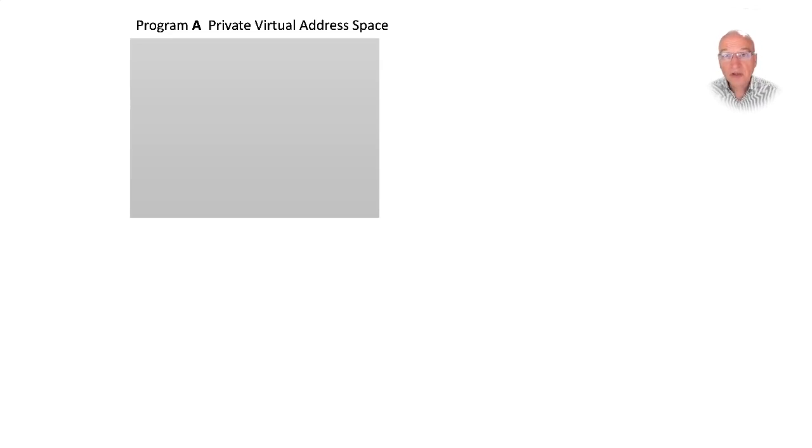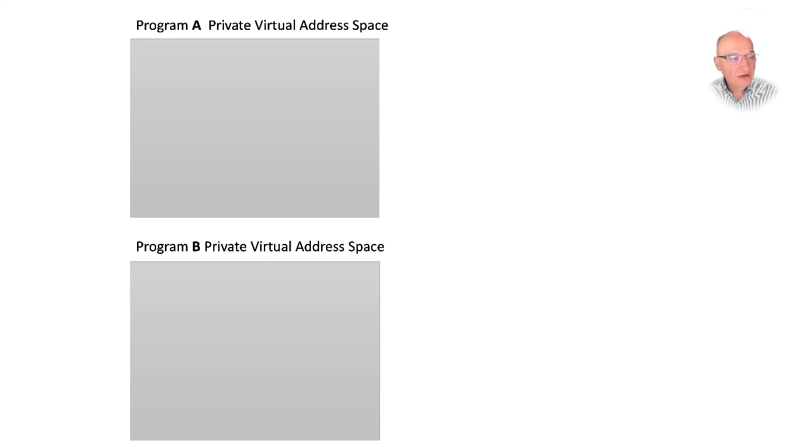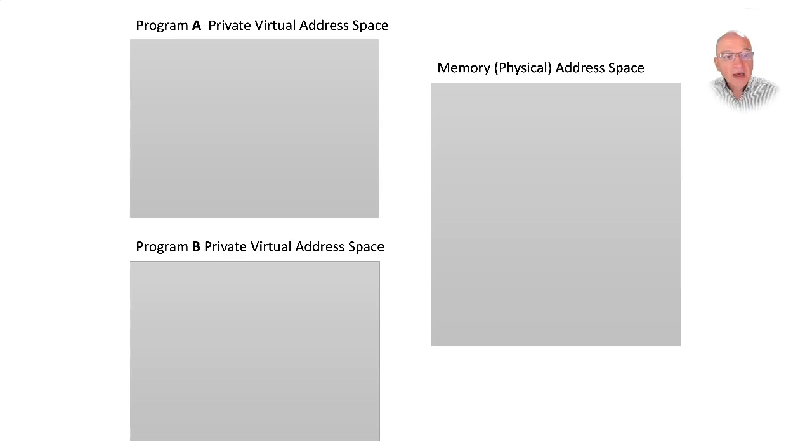So from now on, we're going to start talking about the virtual address space of a program. So this would be the virtual address space of program A, and then I have the private virtual address space of program B. And then I have the physical address space, that is the actual main memory. This is where the data is actually stored.